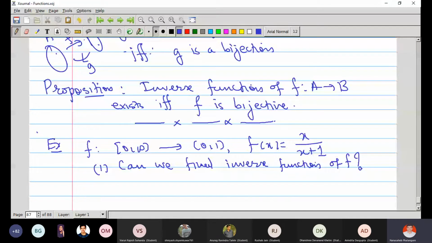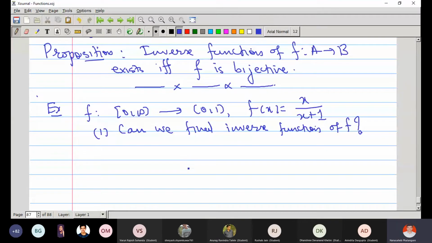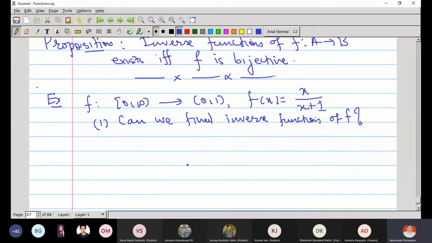First of all, check whether it is one-one and onto, bijective. So first of all, is f one-one?